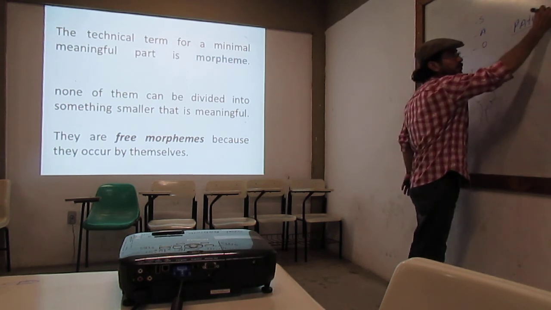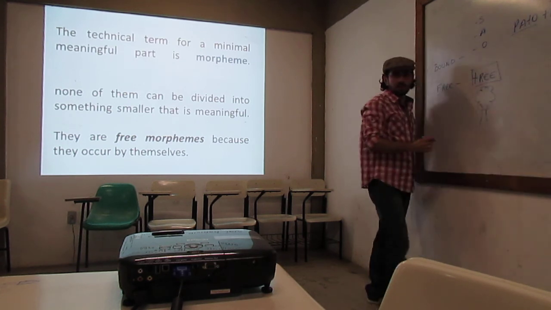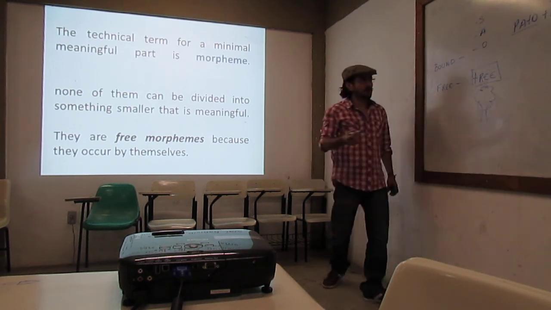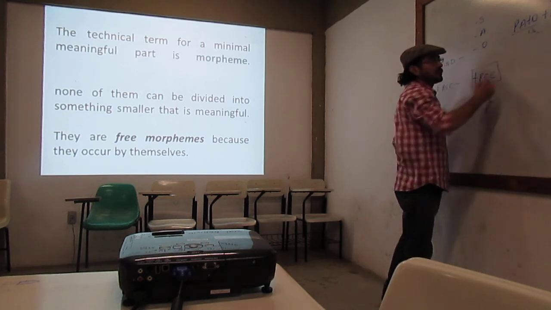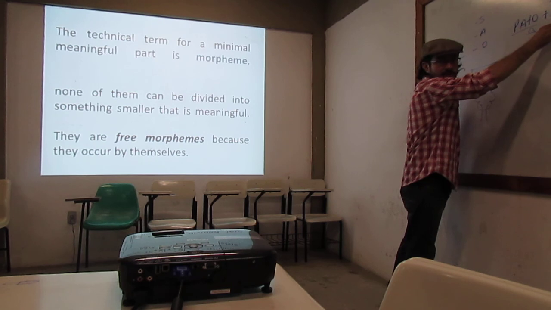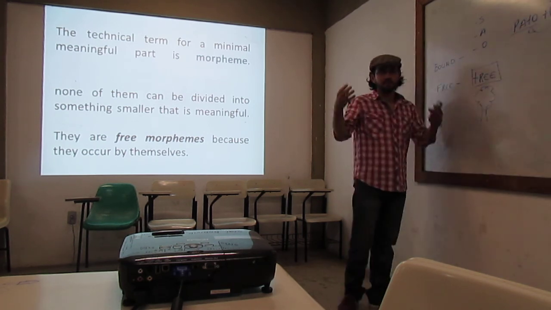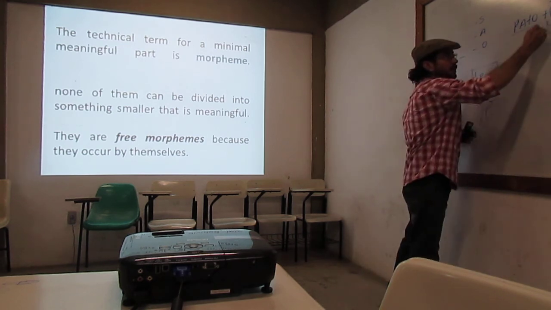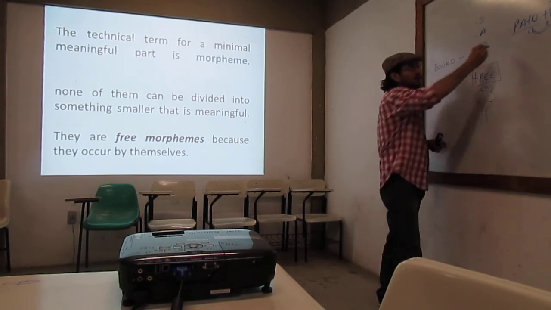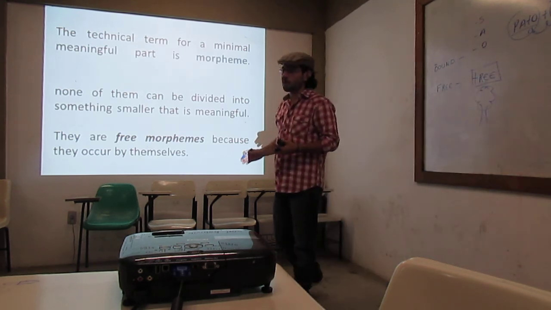But if I put a bound morpheme as plural mark, we have the plural of this word, patos. So this is a morpheme and this is a morpheme isolated too. Okay? But this morpheme we can't understand alone. We have to put together to understand. Okay? So this morpheme that's very common, we can understand directly, we call free morpheme.